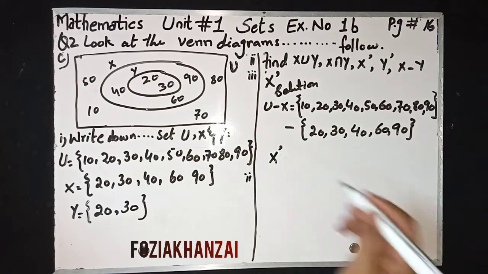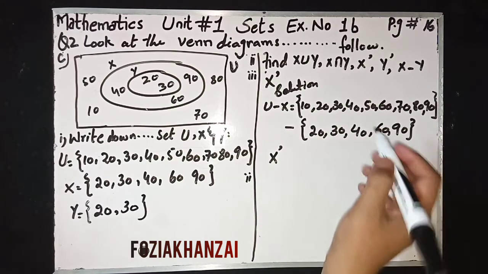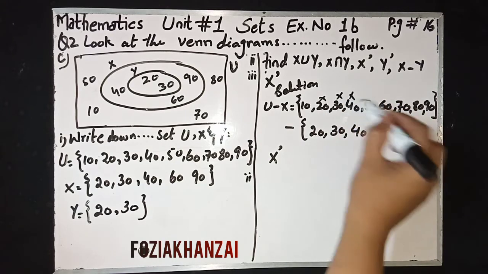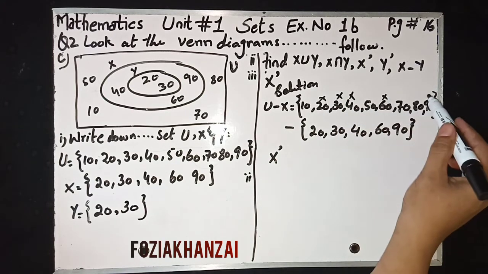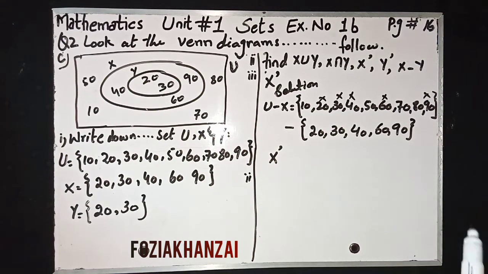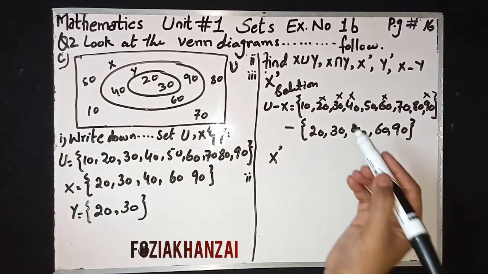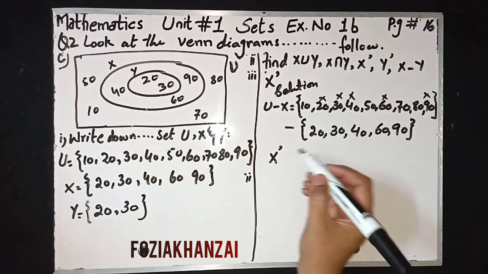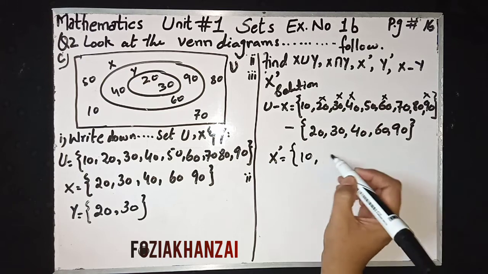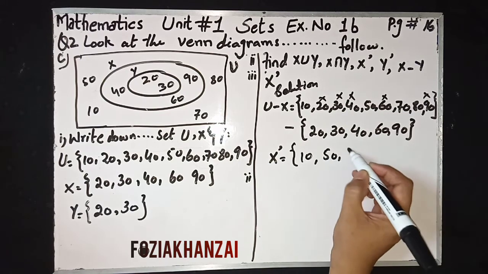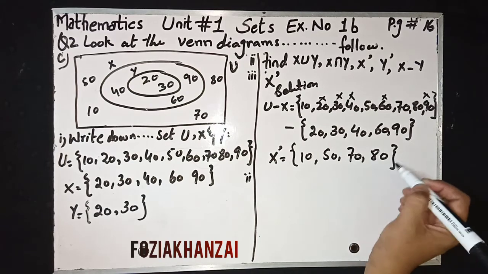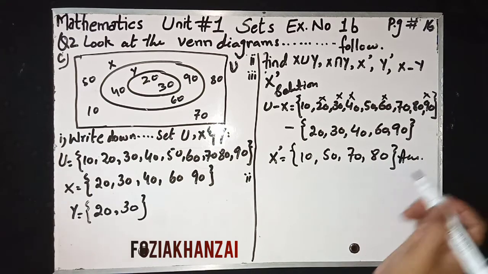So to find the complement, cut the same elements: 20, 30, 40, 60 and 90. Same elements, common elements, we cut them. Remaining elements of set U: 10, 50, 70, 80 would be the answer of X complement.